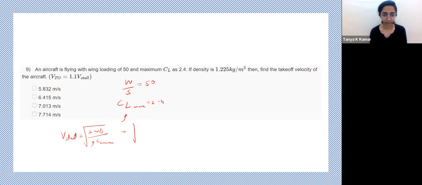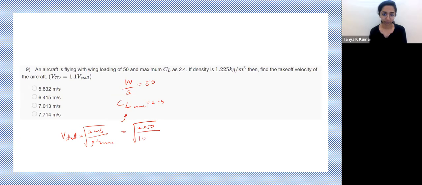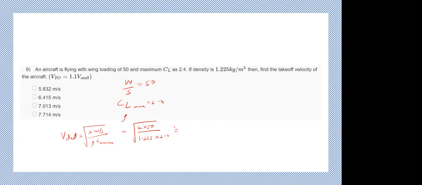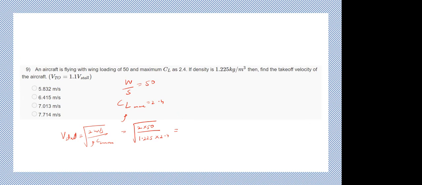Let's try to do this. Ma'am, I got the answer. Okay, then I'll just go ahead with this. Into 2.4, what is this value? Option D. Let me just proceed with this. What is this value? Second option, ma'am, 6.41. No, sorry, ma'am.